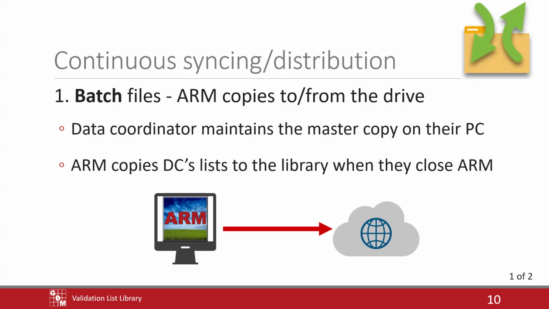When you close down the last ARM window for the day, it'll copy all of your lists. Presumably, if you've made any changes, let's copy those out to that cloud location. So that populates, that fills this library with the master copy from the data coordinator.